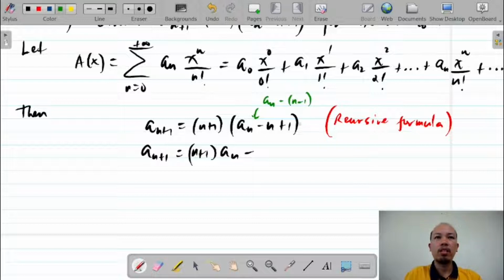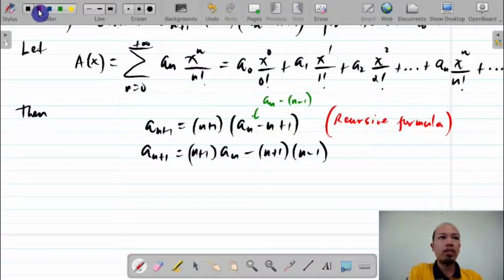If you multiply negative 1 times n, we have negative n. Negative 1 times negative 1 is positive 1. So what happens here is we have n plus 1 times n minus 1. So just distribute, this one here and that one.